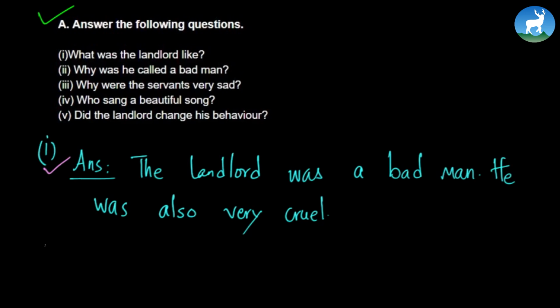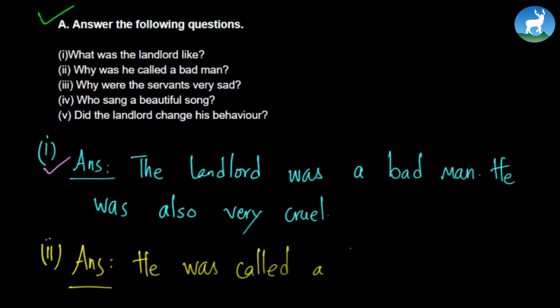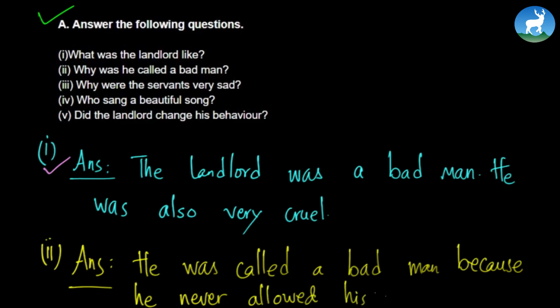Now let's try answering the second question. The second question is, why was he called a bad man? So we can write, he was called a bad man because he never allowed his servants to rest.